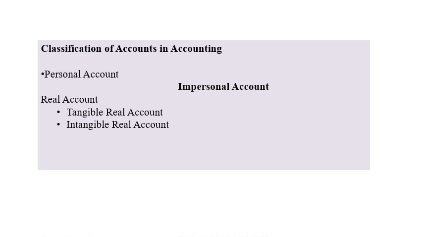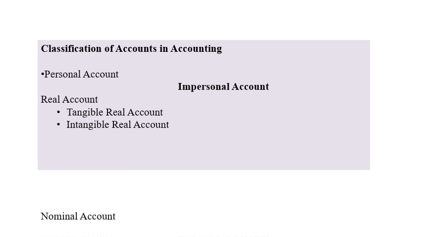Real accounts like plant and machinery, furniture, then purchase return, sales return, all come under the tangible real account. Whereas intangible real account means goodwill, patent, copyright, trademark, etc., which cannot be touched, you cannot see it. So that is why it is considered as intangible real account.